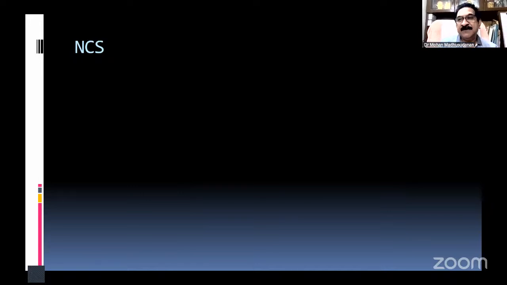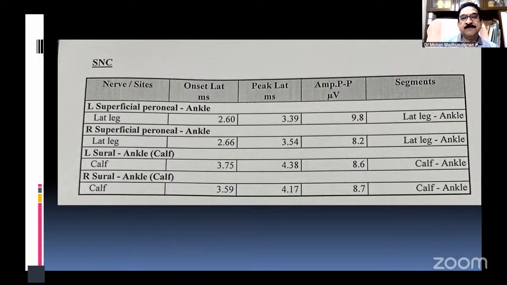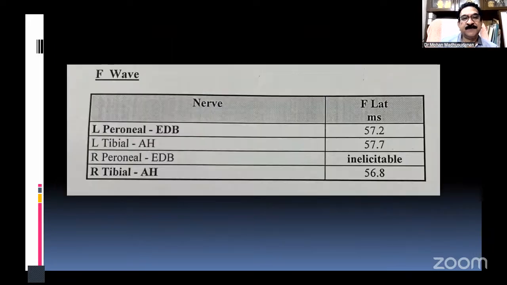So what I did, to explain the weakness of the limb, was an NCS study. The NCS study showed decreased CMAP amplitude from both peroneal nerves, more on the right side. But tibial was normal. Sensations were normal in both sural and superficial peroneal.